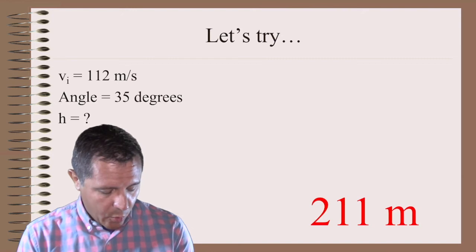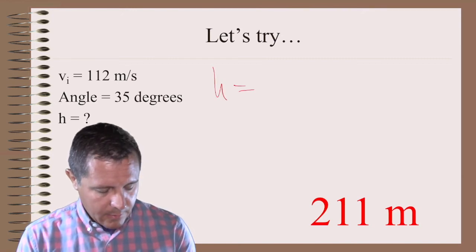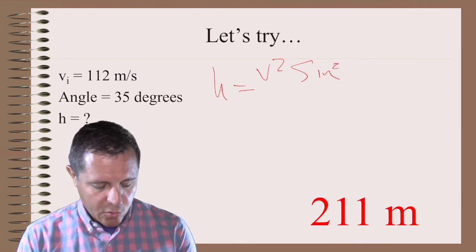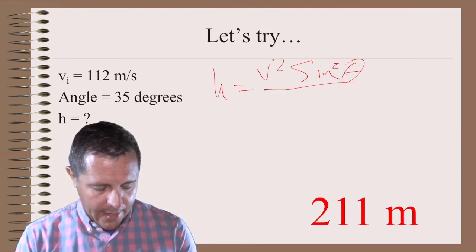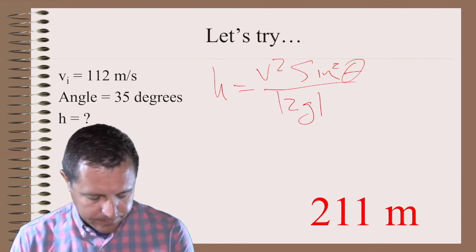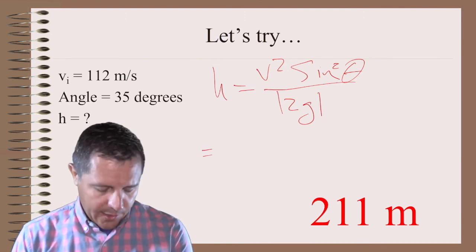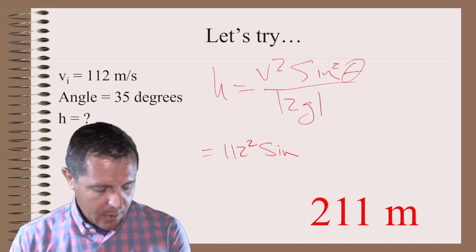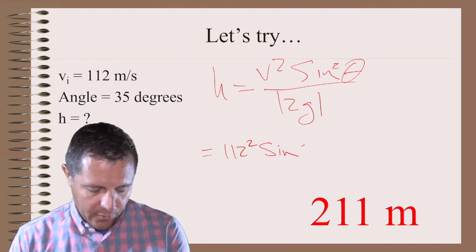So again, our equation is going to be for height, initial velocity squared, sine squared theta, divided by 2g, absolute value. Okay? So the way it should look in the calculator is I do my 112 squared. I would do sine of my angle, 35 degrees.